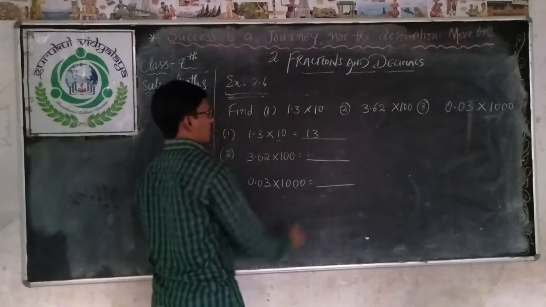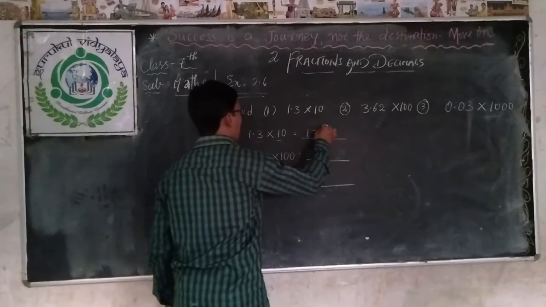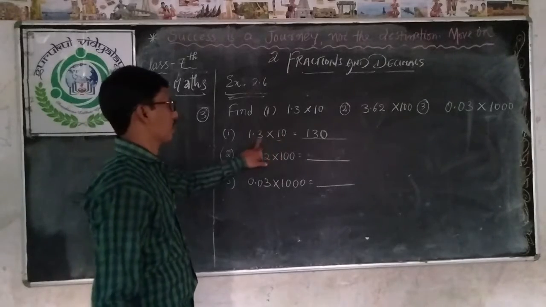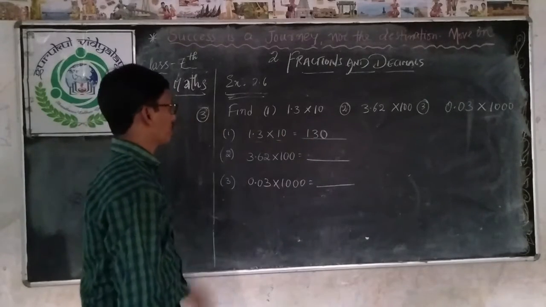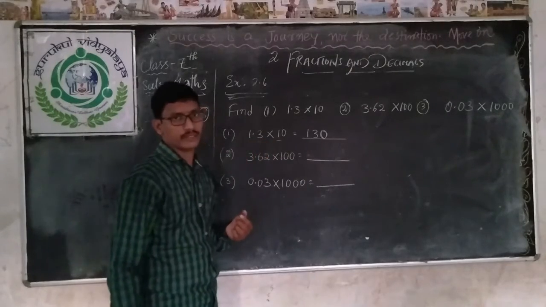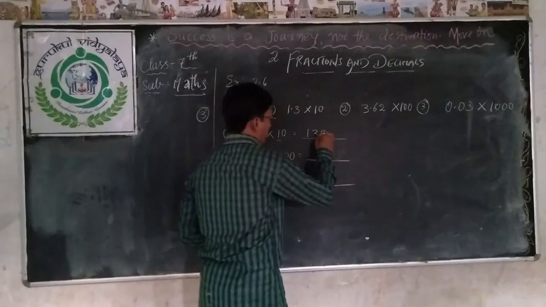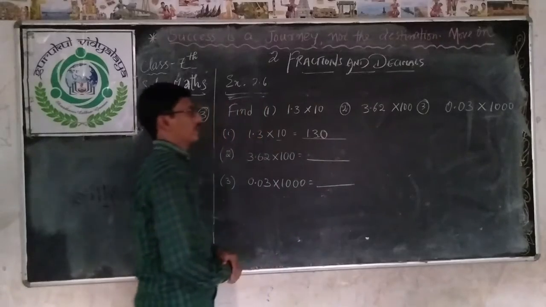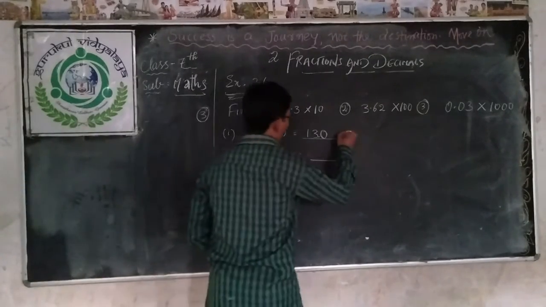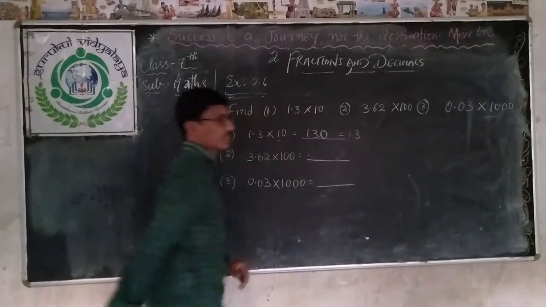How many zeros are there? Only 1 zero. So 13 ones are 13 and 0. Here there is no decimal point in the second number, but in this one there is one digit after the point. So in the result also you keep one digit after the point. 13.0 will come as the answer. 13.0 is how much? 13.